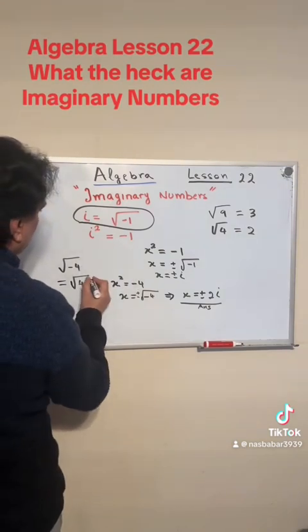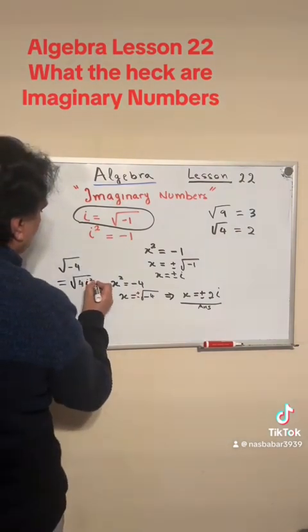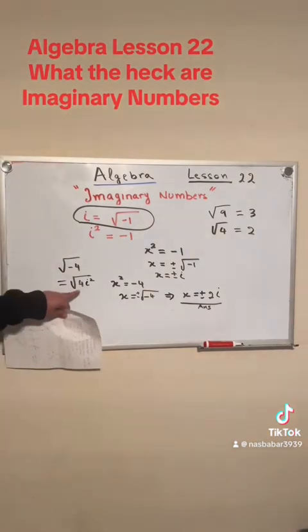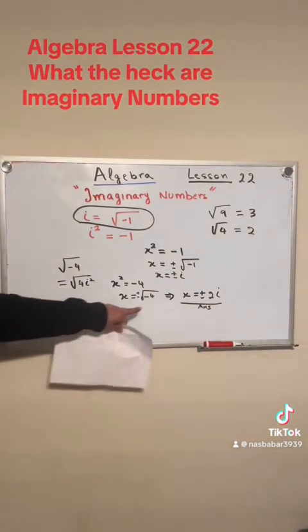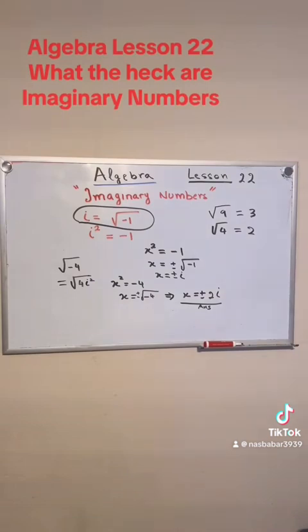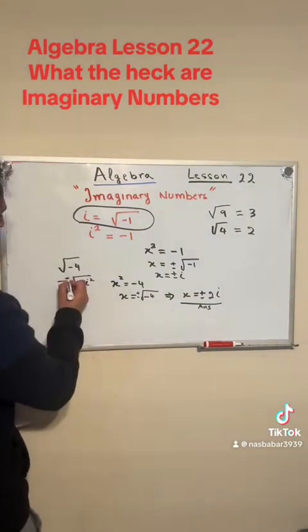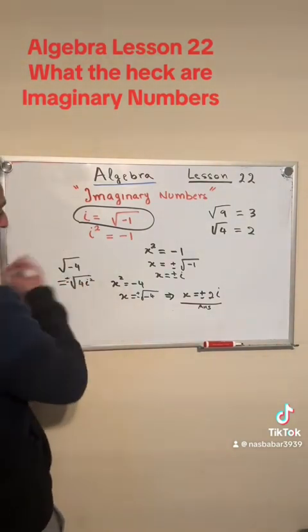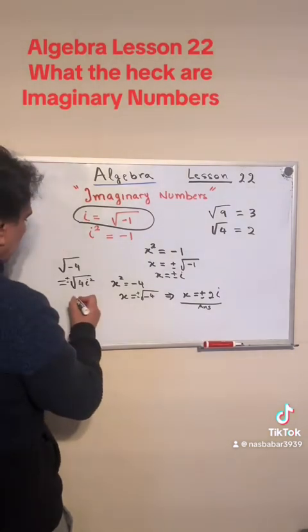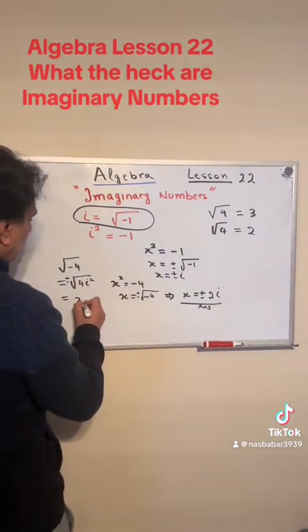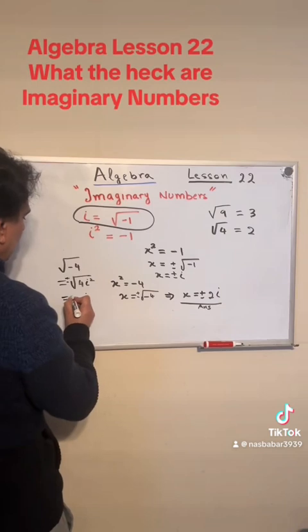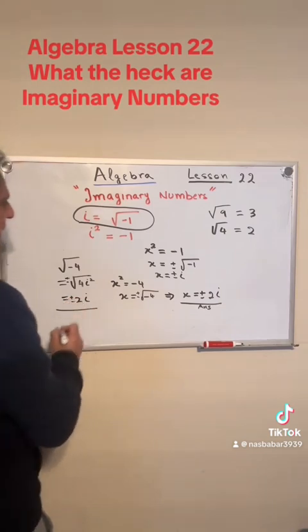Would you agree? Because if I multiply 4 by i squared, I still get negative 4, right? So then there's a plus minus sign. Then if I pull this out of the square root, I get 2i, plus and minus. So that is my final answer.